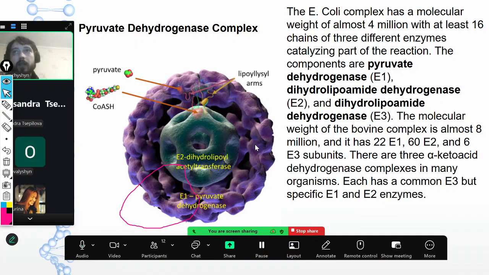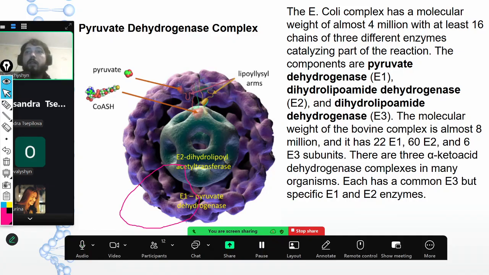Quite a large complex. Its weight is almost 4 million, with at least 16 chains of 3 different enzymes catalyzing part of the reaction. So this is an enzyme complex. It contains a few different enzymes, but these enzymes work in concert to create some final result.